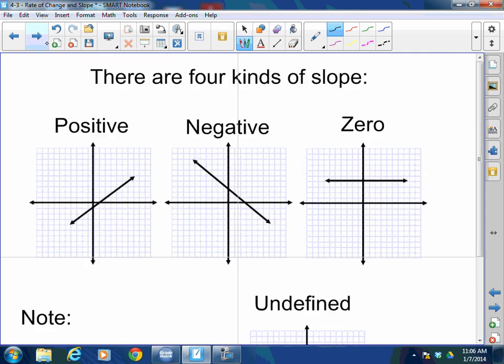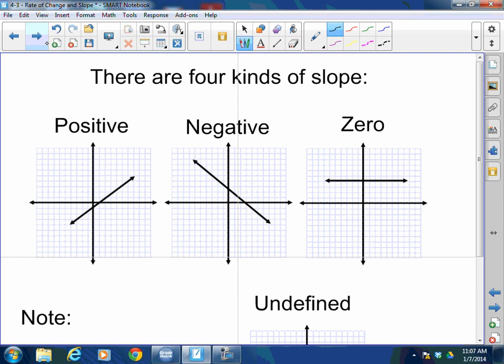All right, good stuff. Now, there are 4 kinds of slope, guys. Why is this important? Because if you're trying to figure out a slope from a graph, or from some points on a graph, or from just looking at the equation, which is very easy to do as well, you want to know which way that slope is pointed.